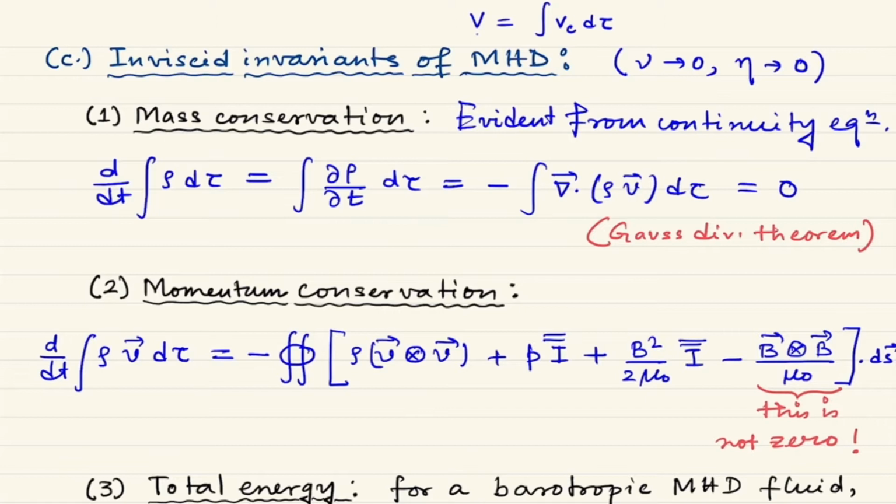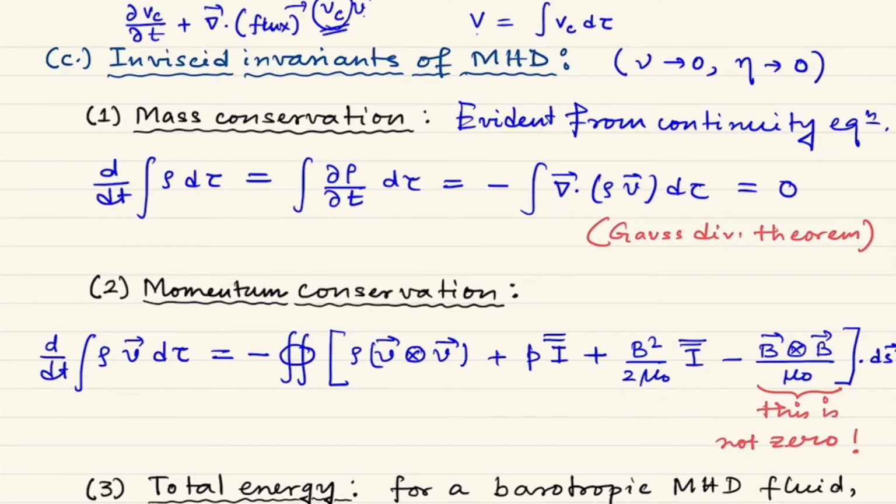Then in order that V is an inviscid invariant, we have to have an equation of the form del Vc del t plus divergence of some flux, and that flux should be exactly equal to either the density Vc times the fluid velocity v, or some other quantity times v.